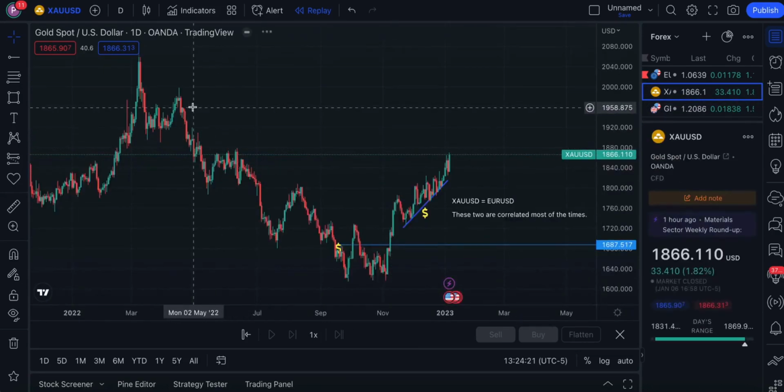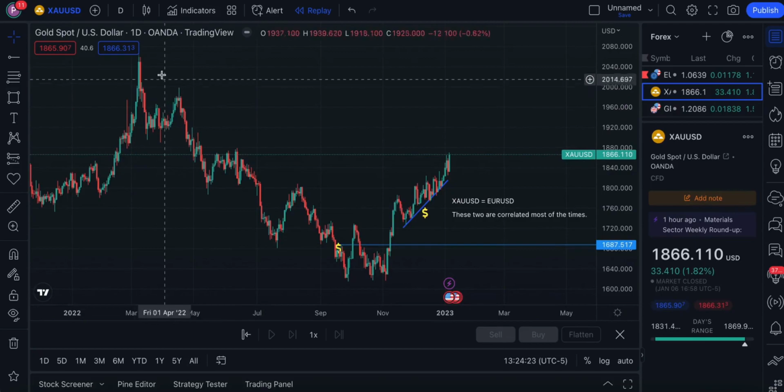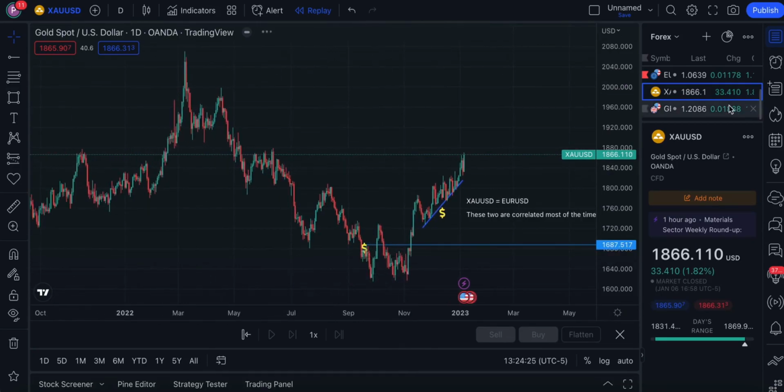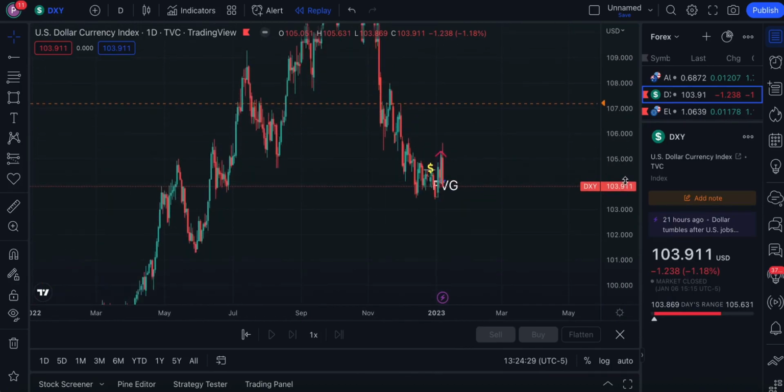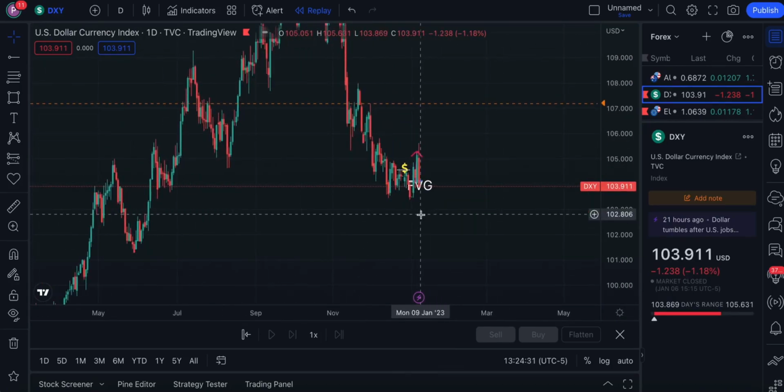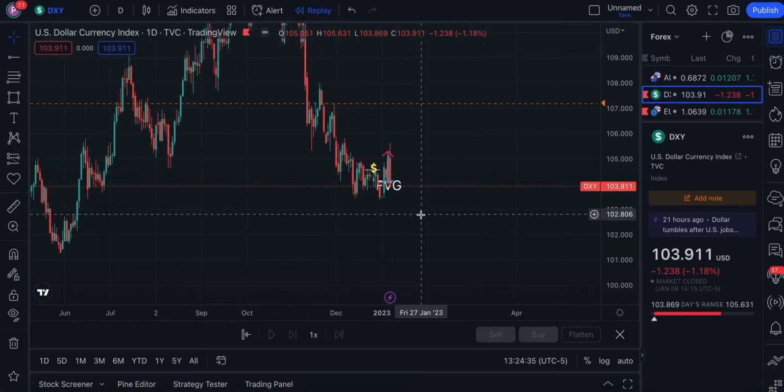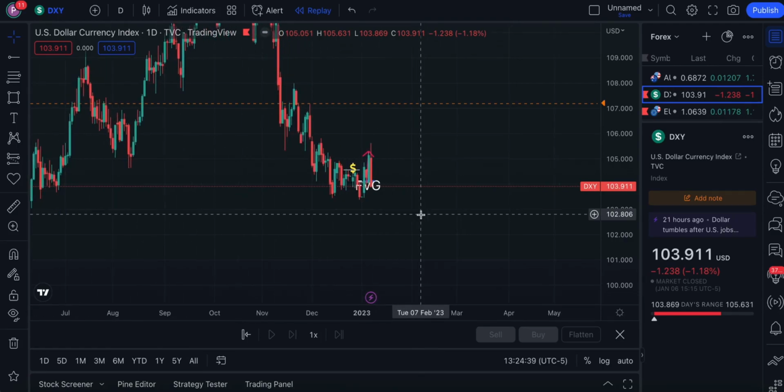Gold should be doing the same: March till December, we've been bearish. So those are the correlations. That's how I correlate my pairs. That's how I add this one major confirmation or confluence to my trading plan, and how I increase my chances of my trade becoming a high probability trade setup.